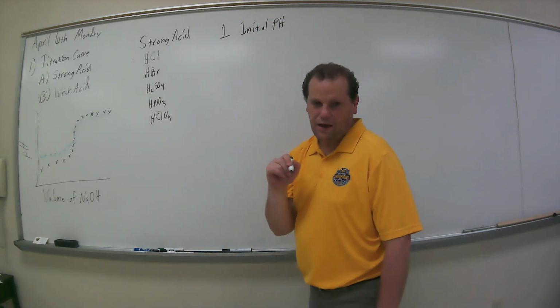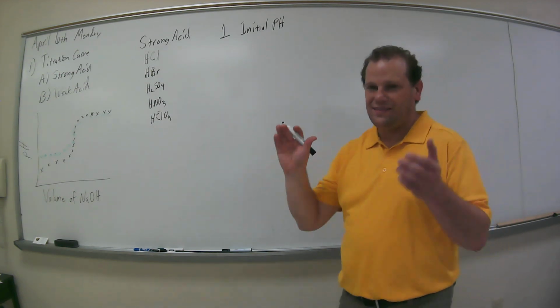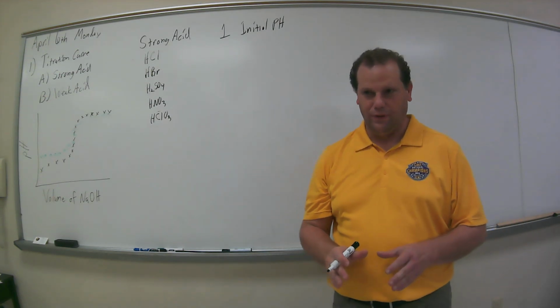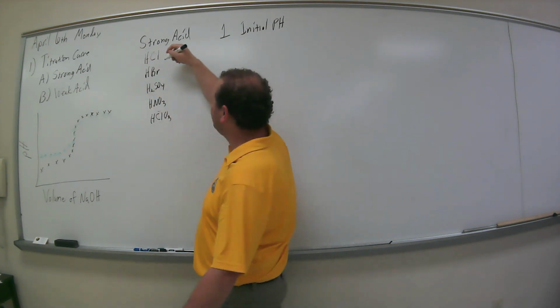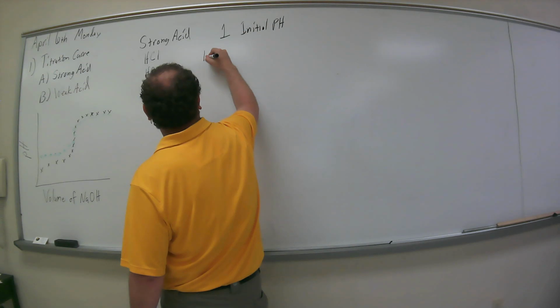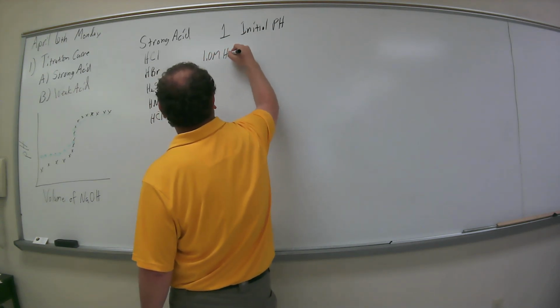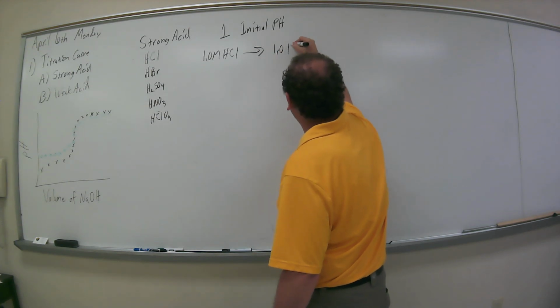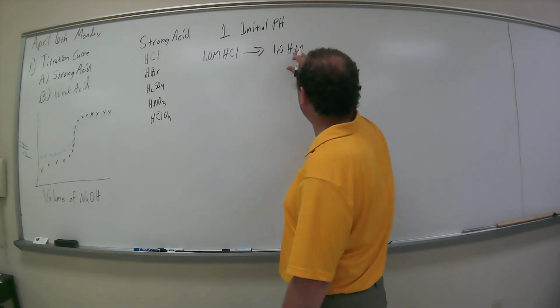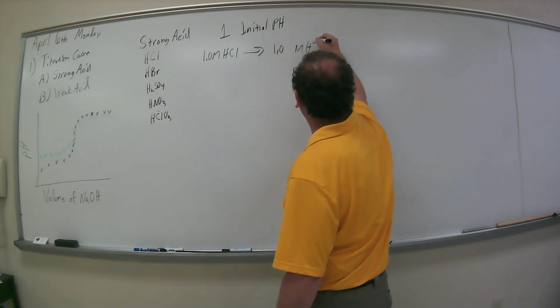For strong acids and strong bases, they are extremely simple, because they break completely apart. Whatever the concentration, say if you had 1 molar HCl, they break apart, and then you have 1 molar concentration of your protons.